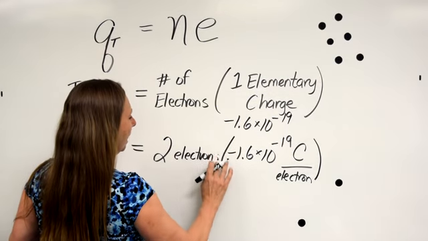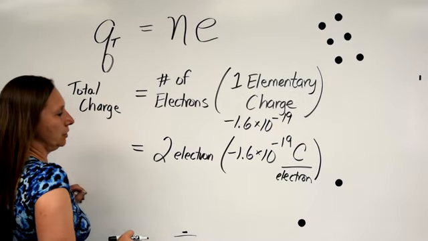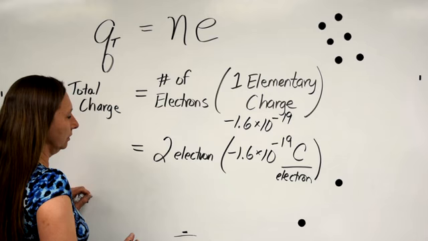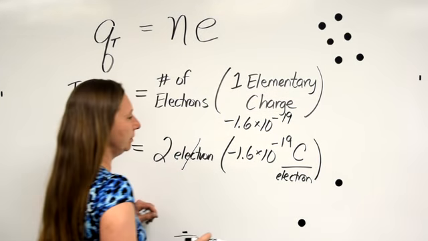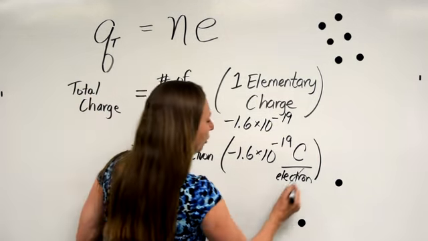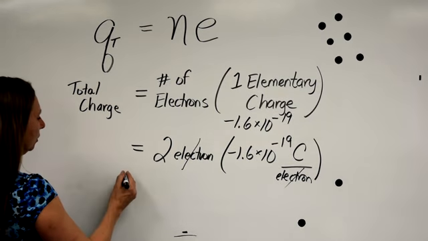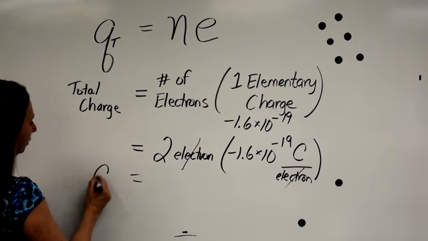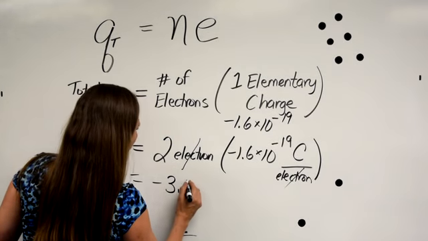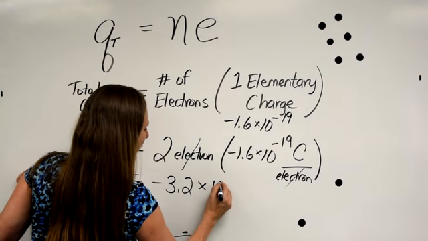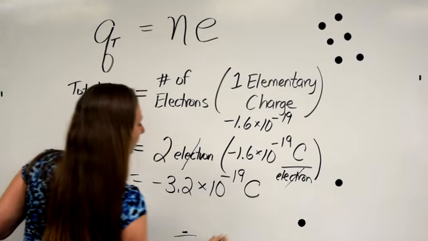So when you multiply these together, 2 electrons times negative 1.6 times 10 to the negative 19 coulombs per electron, you get coulombs. So the total charge on 2 electrons is negative 3.2 times 10 to the negative 19 coulombs.